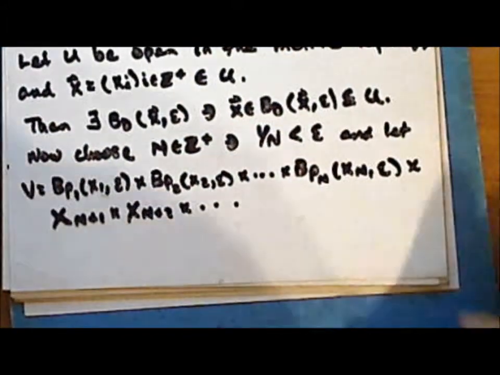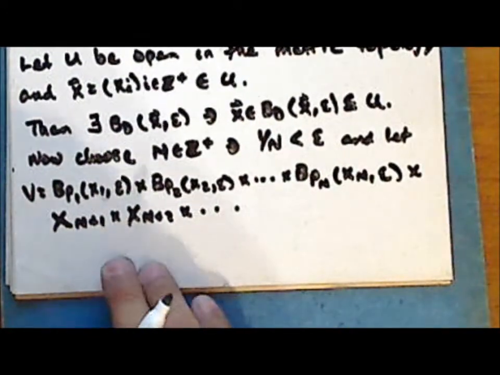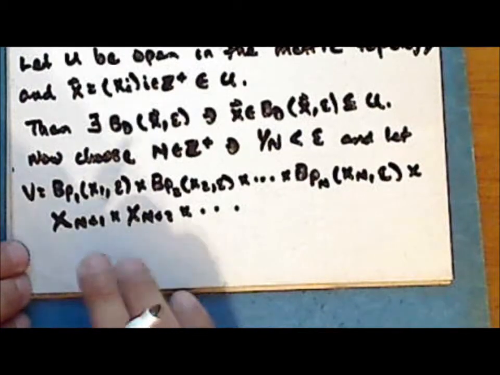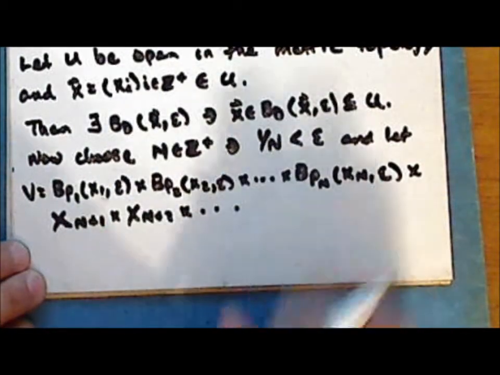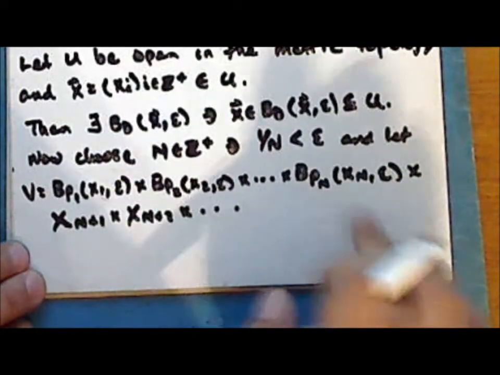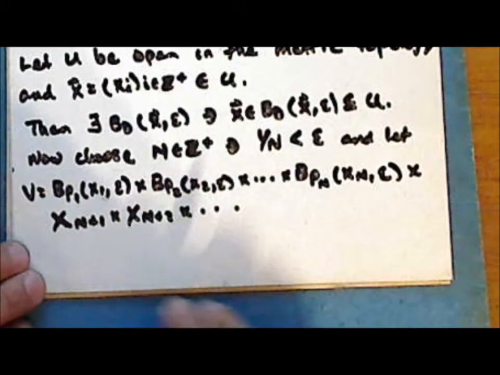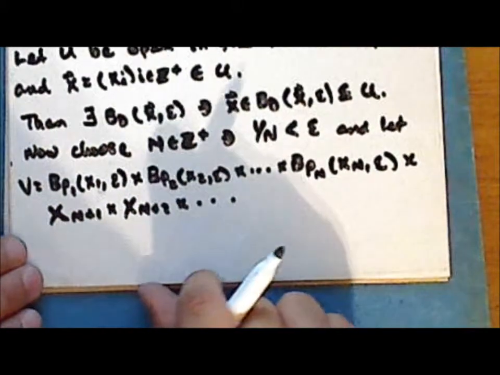So notice that the set V is a product of open sets in the respective sets x of I, where all but a finite number of those open sets are equal to the entire set x of I itself.